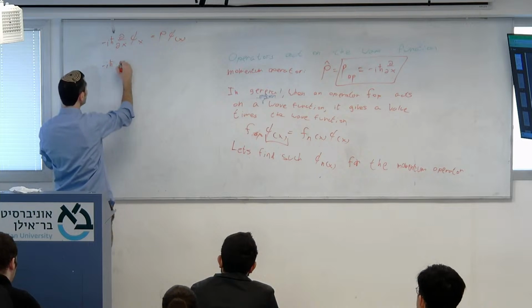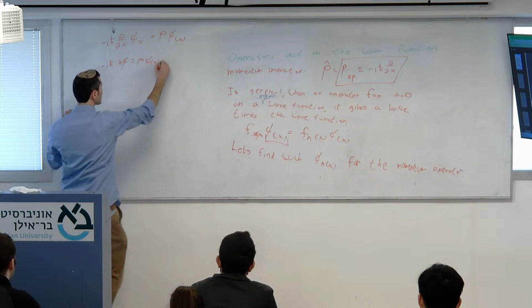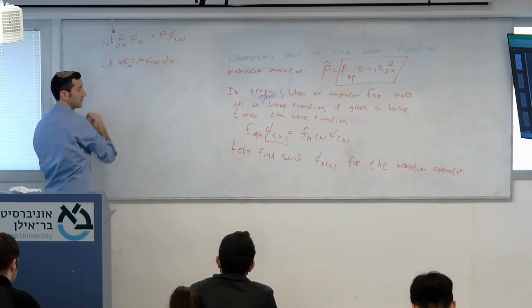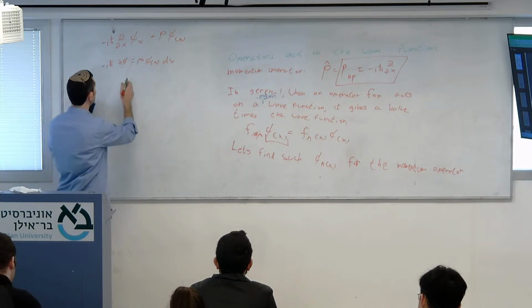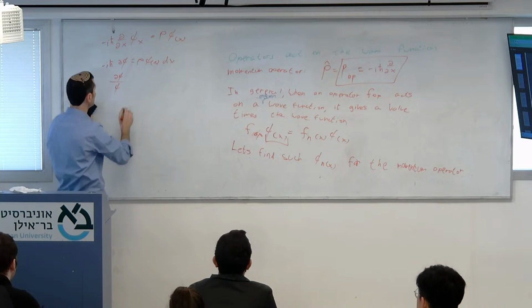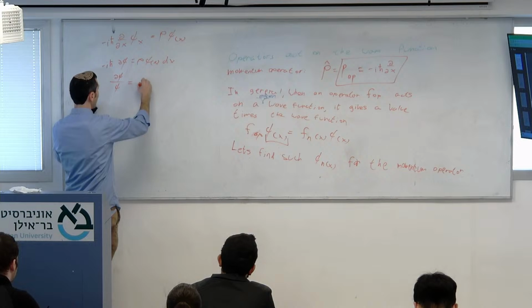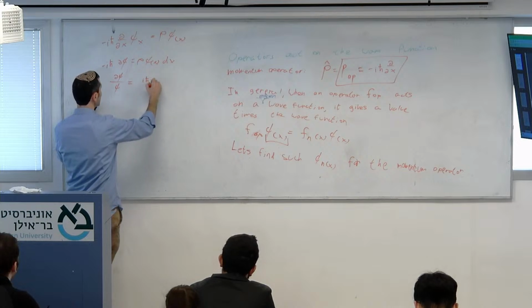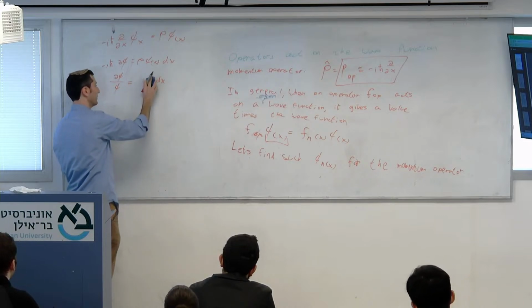Minus i h bar d phi is equal to p phi of x dx. Okay, that's the separation of variables. d phi over phi is like i h bar p dx. No, i h bar is on the bottom.